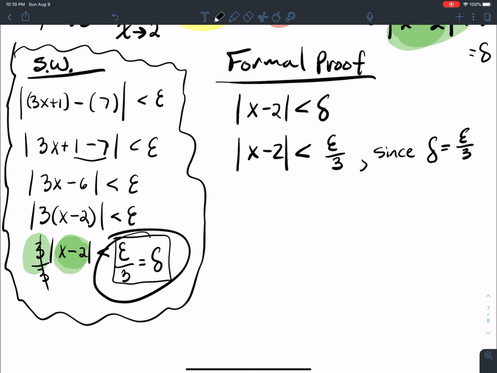And so now, what did I do here? The scratch work took me down, so the formal proof is going to take me up to the final answer. So what was the next line? The opposite of dividing is multiplying, so I'm going to multiply both sides by 3. And so I get 3 times absolute value of x minus 2 is less than, well, 3 times this over here.